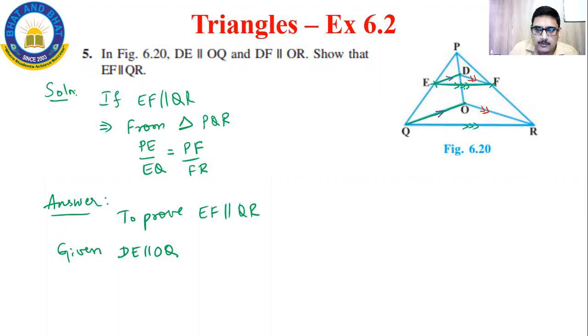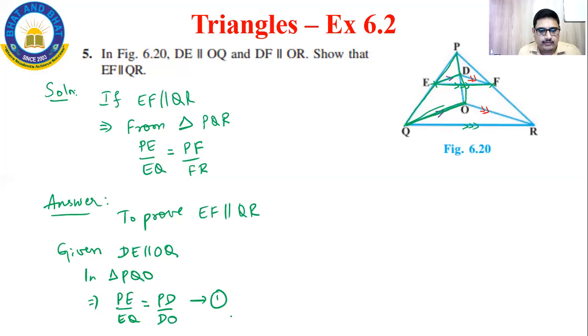I should consider PQO, this triangle. So in triangle PQO, DE is parallel to OQ. That means PE divided by EQ is equal to PD divided by DO. Why? From BPT.